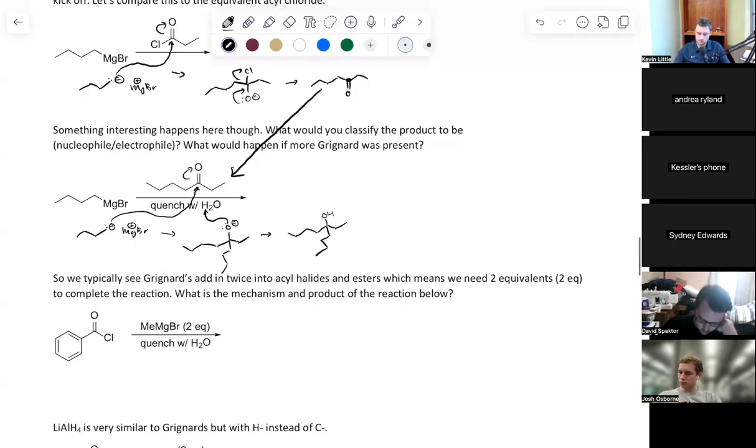So this 2 EQ just means two equivalents. That means two versions of this. So for every one of these, there's two methyl Grignards.